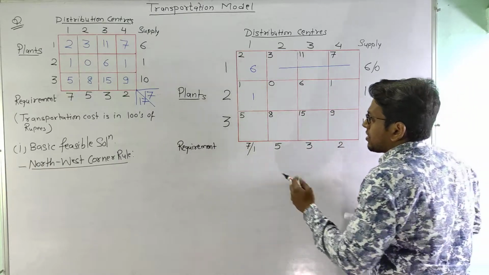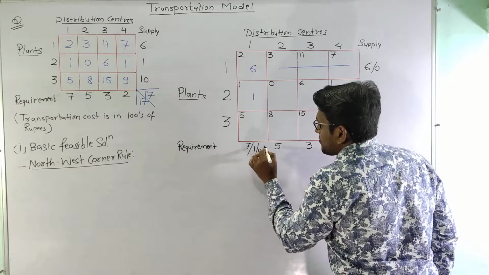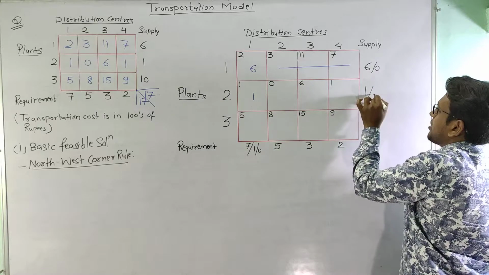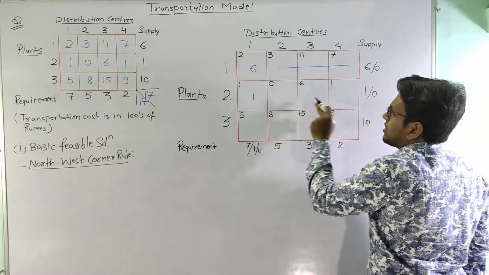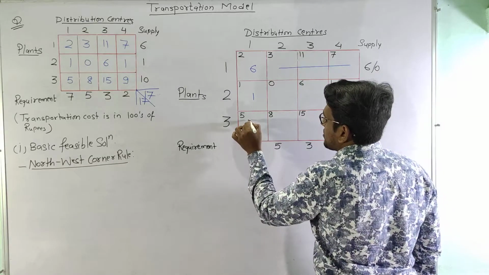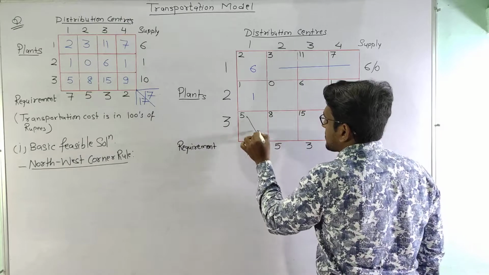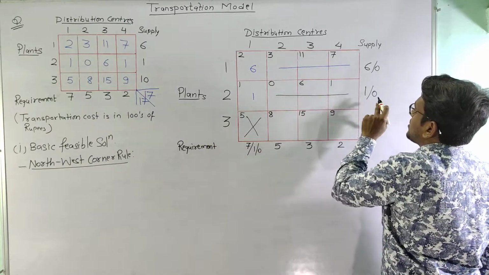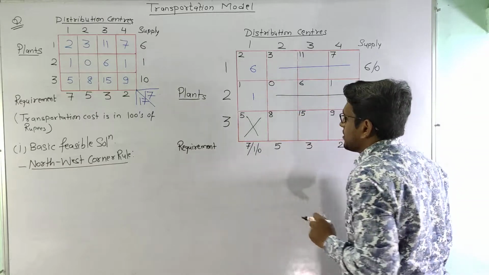Now the requirement is 0 and the supply has also been fulfilled, which means no other allocations can be done in this row, and similarly none in this column as it is fulfilled.